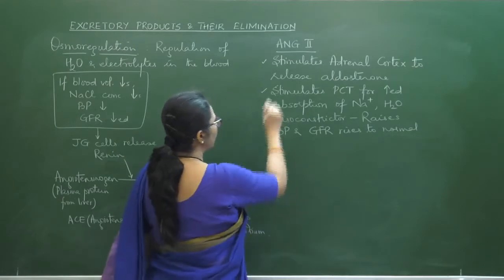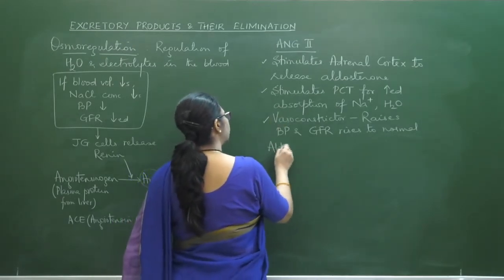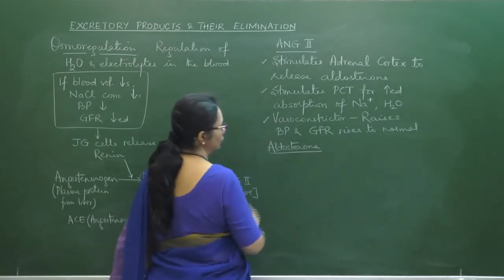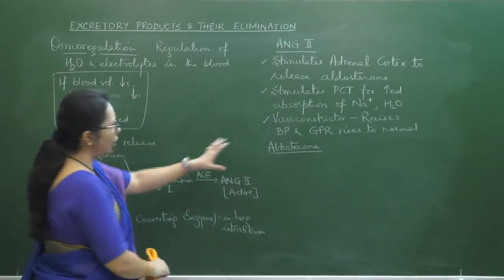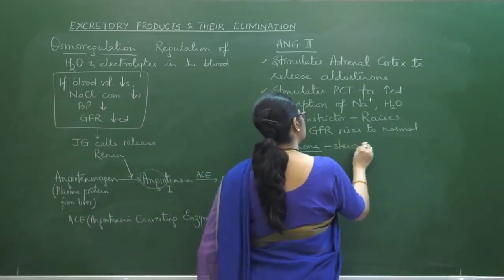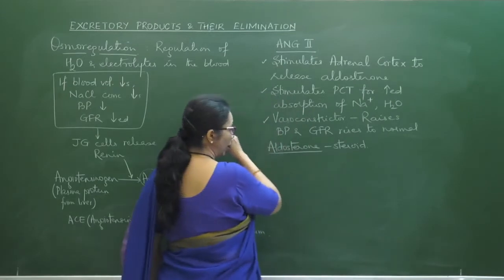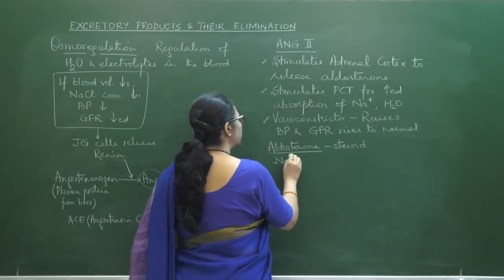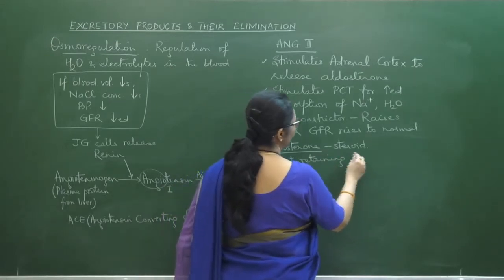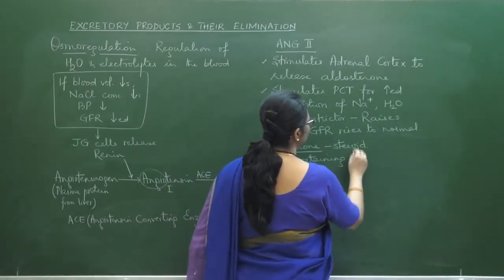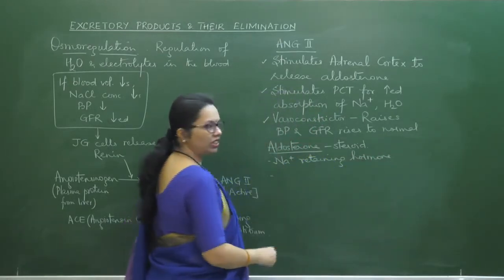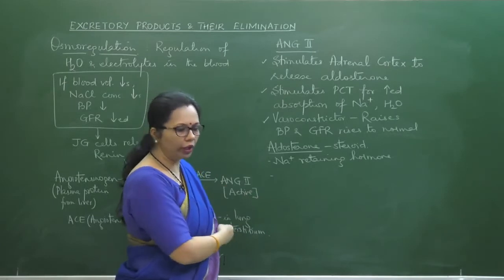Okay. Now let us talk about aldosterone. Aldosterone is a steroidal hormone. So this was a protein here, now we are talking about a steroid. In simple words you can just mention it is a sodium retaining hormone. So where does it act? The target is DCT, collecting tubule and the duct.